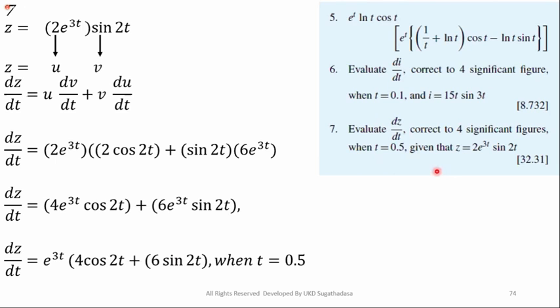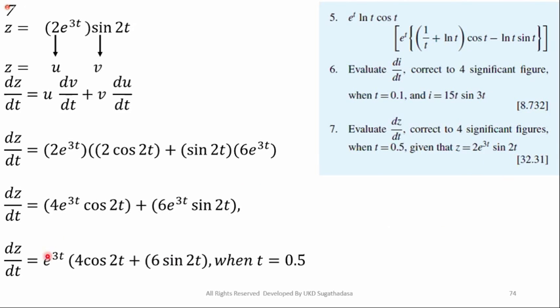The question is evaluate dz by dt, correct to 4 significant figures. You know what 4 significant figures is? It means 4 positions, including the whole number part also. This is two decimals with 2 digits, right? That is 4 significant figures.